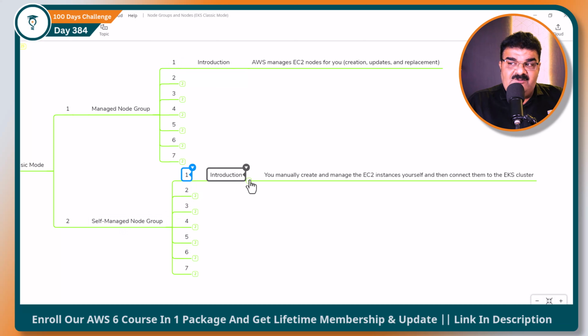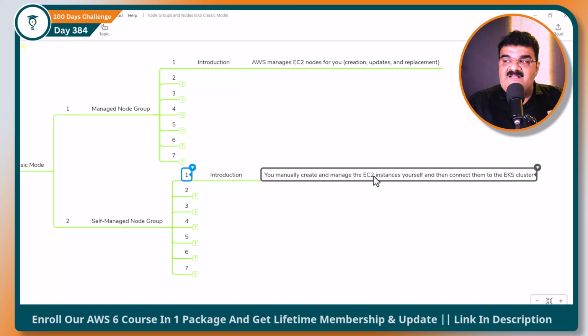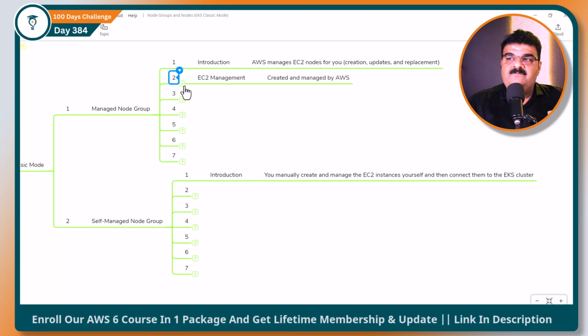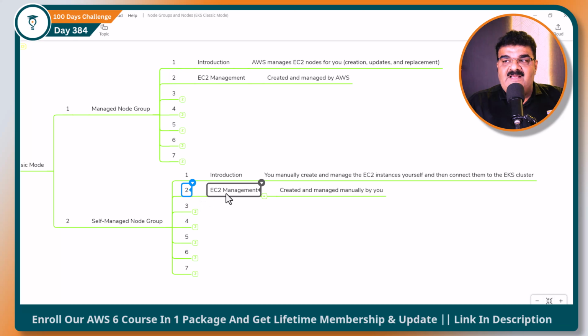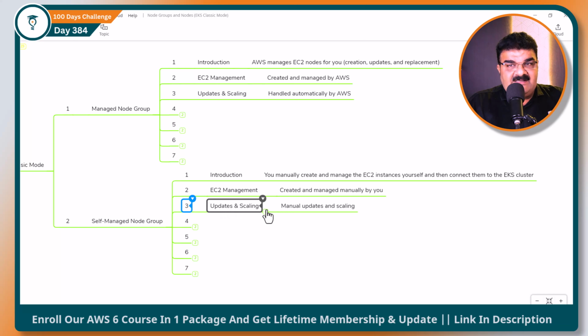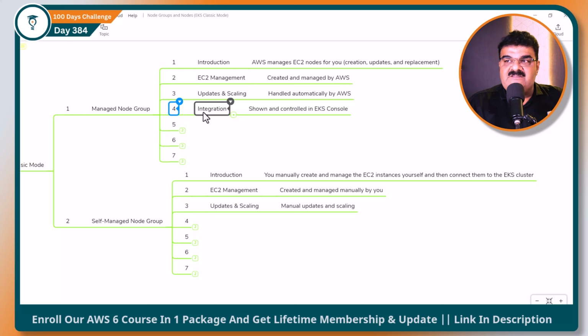In the self-managed node group, you manually create and manage EC2 instances yourself and then connect them to the EKS cluster. So it is a completely manual mode. EC2 management: created and managed by AWS, versus created and managed manually by you. Updates and scaling: handled automatically by AWS, versus updating and scaling manually, meaning you are going to manage this.